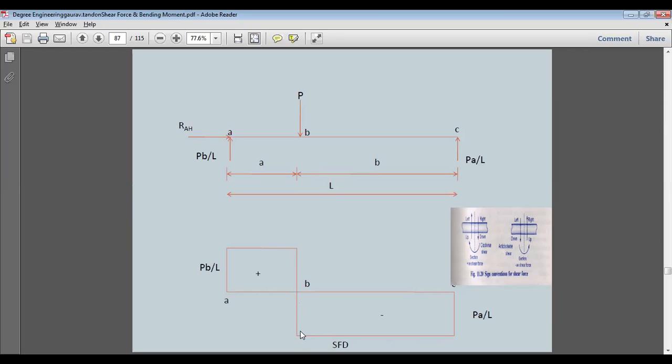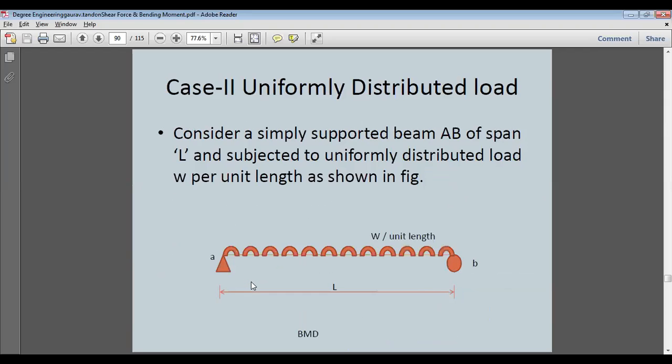So we draw a line from this point in the upward direction, and from here to here it will remain constant, because P is the reaction only and there is no other force between P and PB by L.